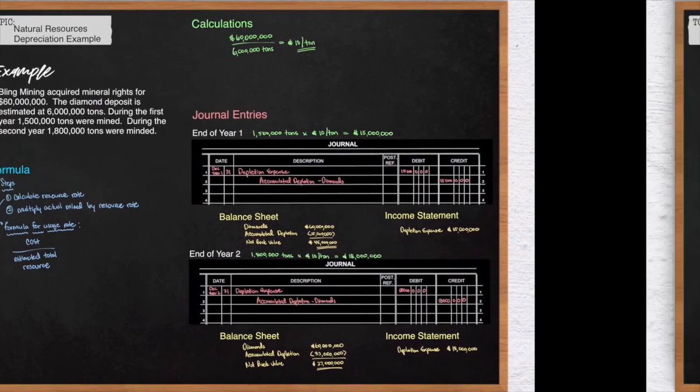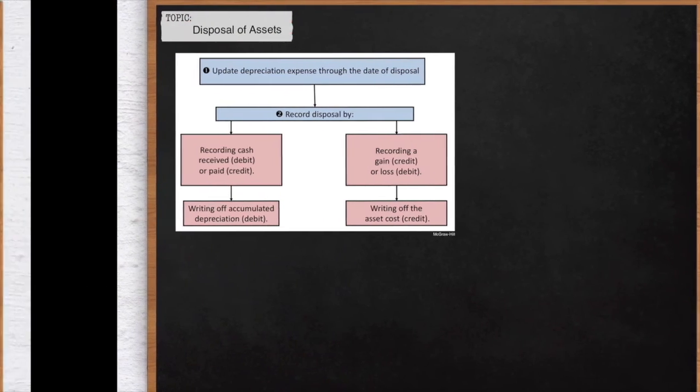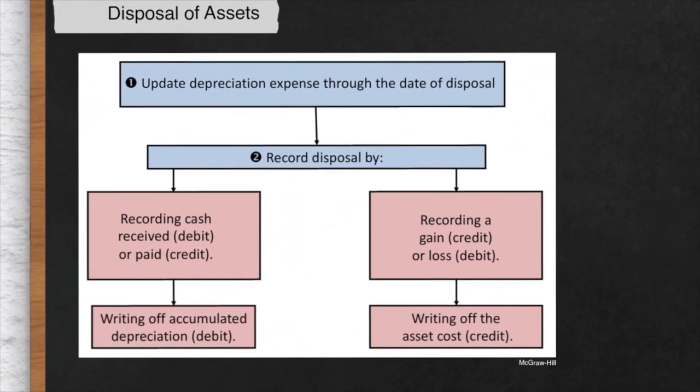Next, we're going to go over disposal of assets. We're going to do this pretty quickly, so please review it more in detail in the ebook or textbook. You update depreciation expense to the date of disposal. So that's the first step. There's really two steps, and then you're going to record the disposal by the following. One way is to record cash, so debit cash received, or credit cash paid.